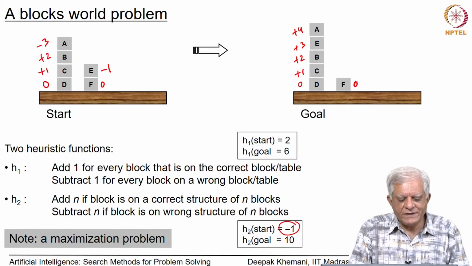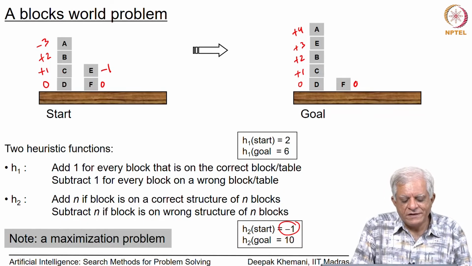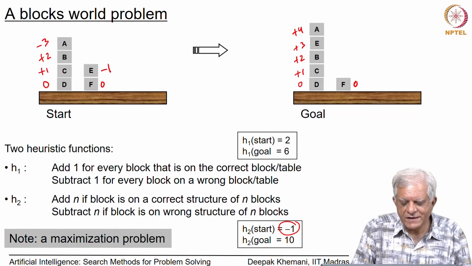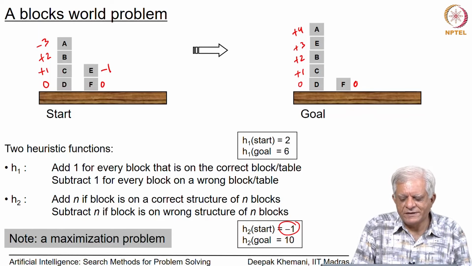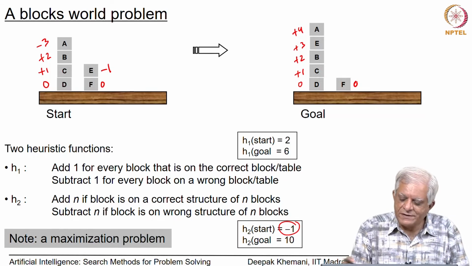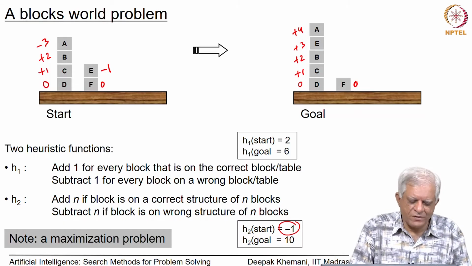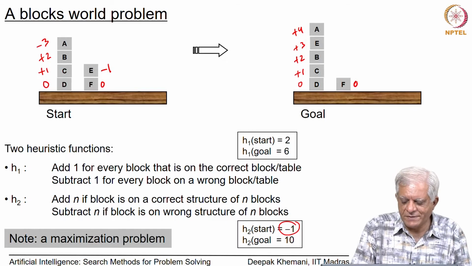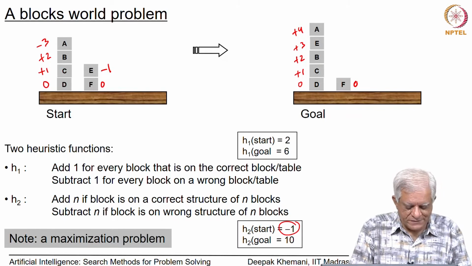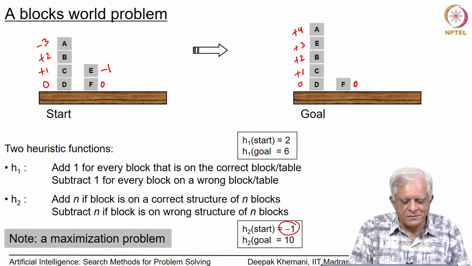Also observe that the way that we are counting the heuristic value, we are saying that we count the number of blocks in the correct position, and because that is maximum in the goal position, the problem has become a maximization problem. We could have also counted the number of blocks in the wrong position, but then that could just be obtained by taking a negation of this. So, as we said, maximization and minimization are two sides of the same problem.